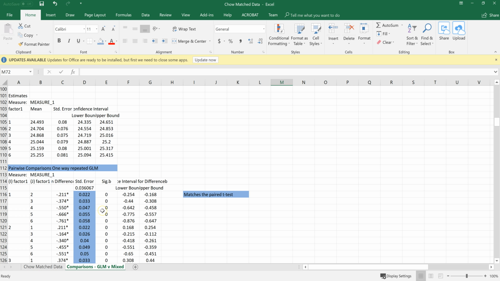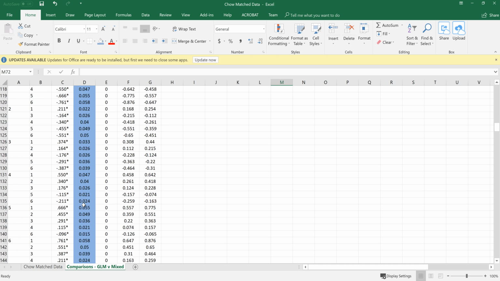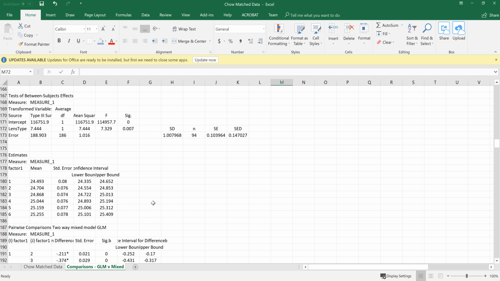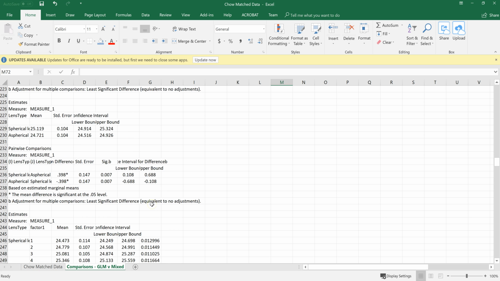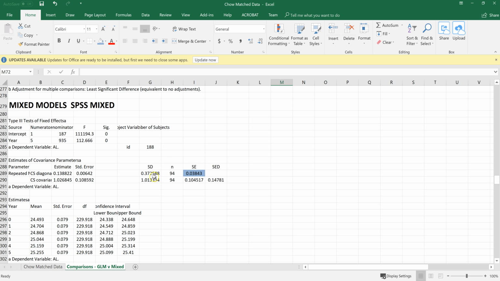Actually, if you're doing the general linear model, there's no problem. It gives you the right thing. The question is, if you're doing a mixed model, what is the strategy for finding the error term?